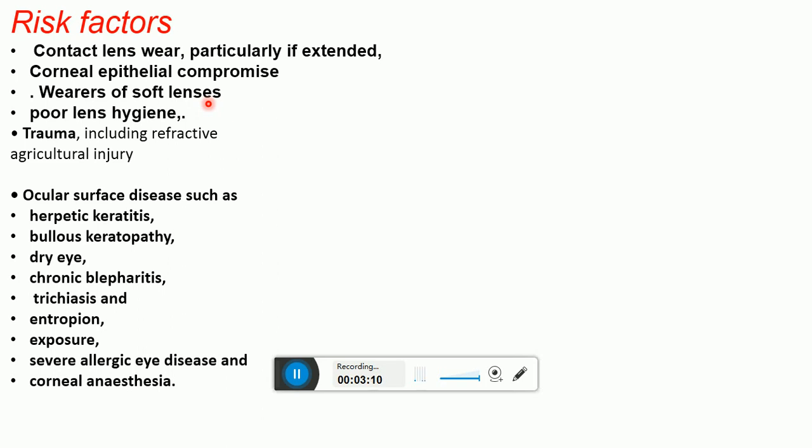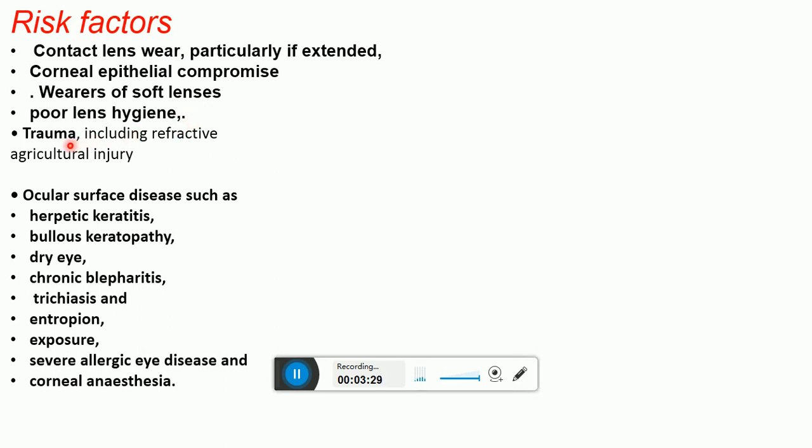Infection is more likely if there is poor lens hygiene, but it can also occur even with apparently meticulous lens care, and it can also occur with daily disposable lenses.